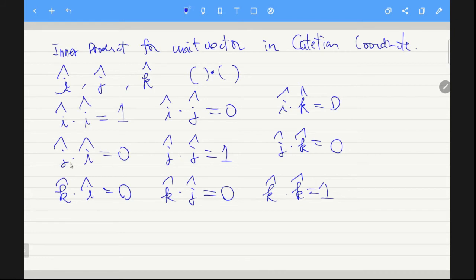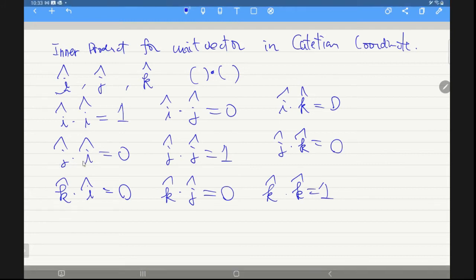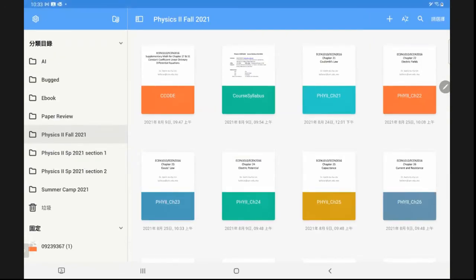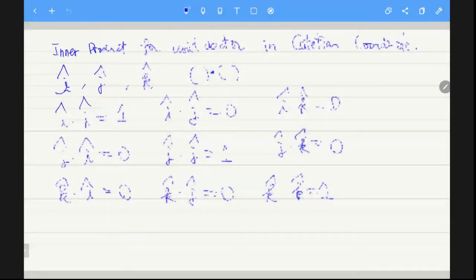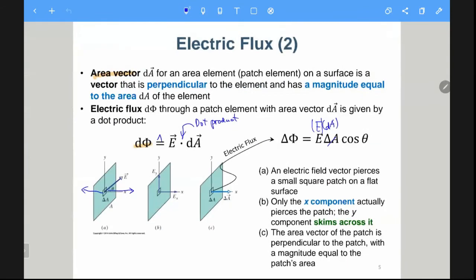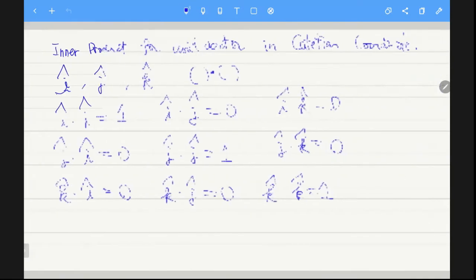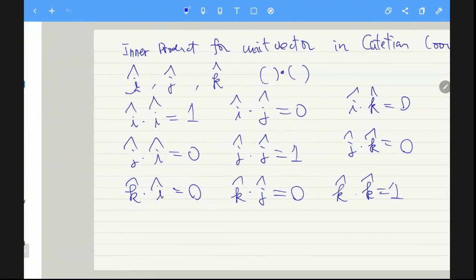Because if two vectors have a dot product of 0, it means they are perpendicular to each other, and the other way around. Okay, so we simply mentioned the dot product for the unit vectors in Cartesian coordinates.